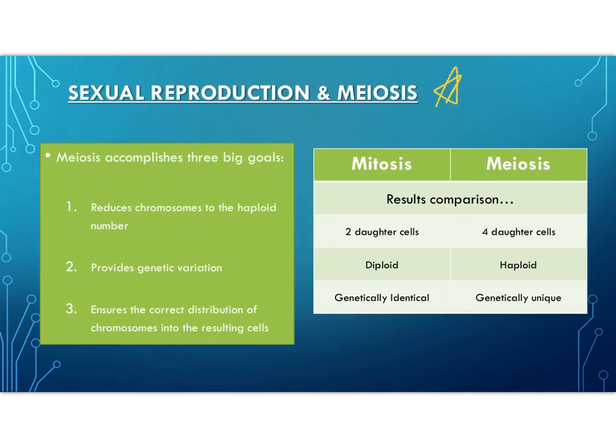Now, this slide is a really good slide to study, and this is our last slide about meiosis. You basically want to know, more so than a really in-depth, step-by-step understanding of meiosis, these things. What's the point of doing meiosis, and how does meiosis differ from mitosis?